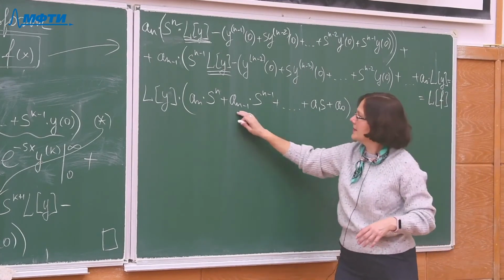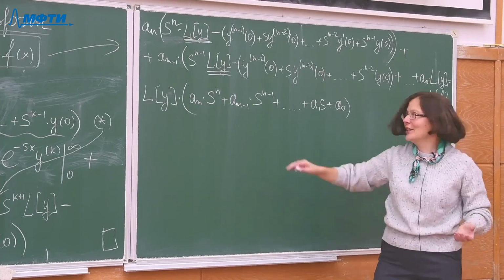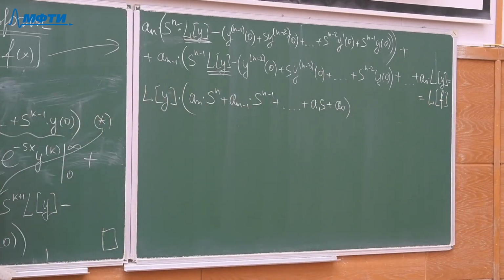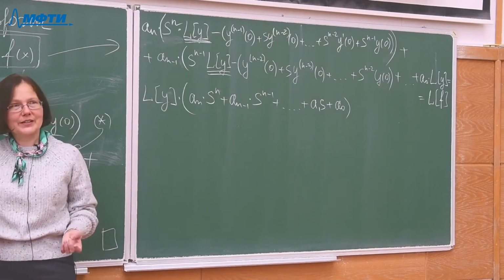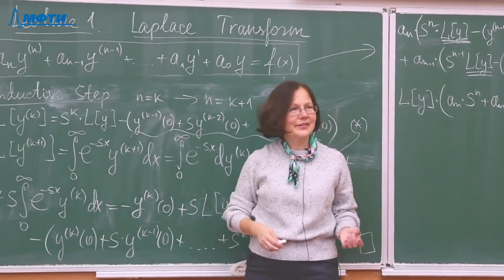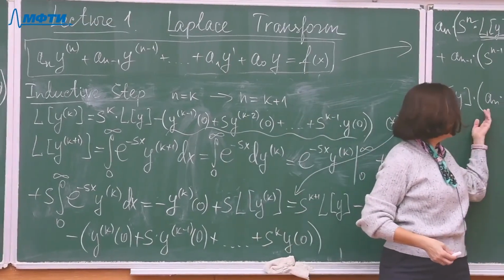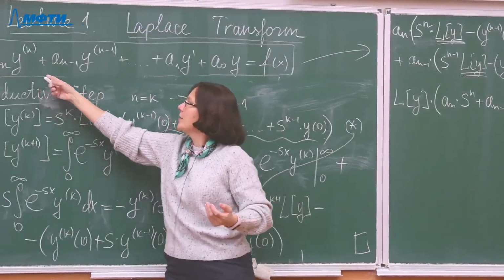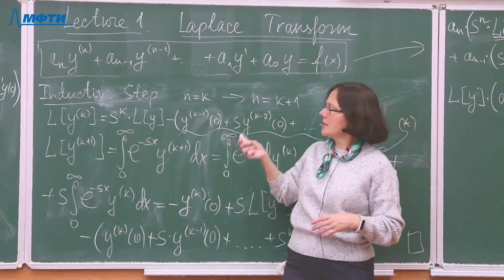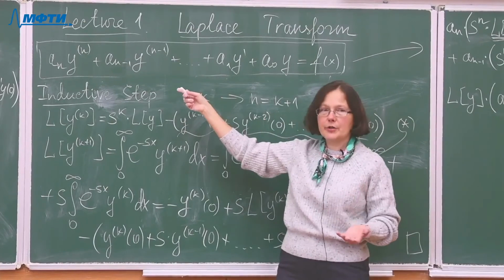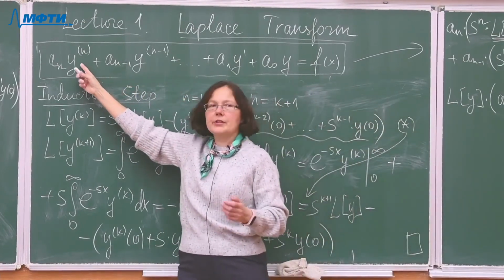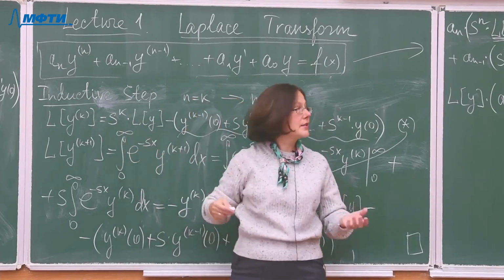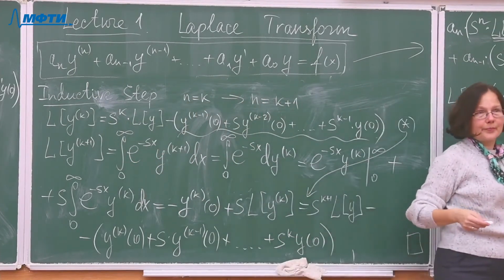You can see that this looks like the characteristic equation for this homogeneous differential equation. So this polynomial can be obtained as follows. We should take the homogeneous part of the differential equation and replace the derivatives by the powers of s. And so we will create this polynomial.